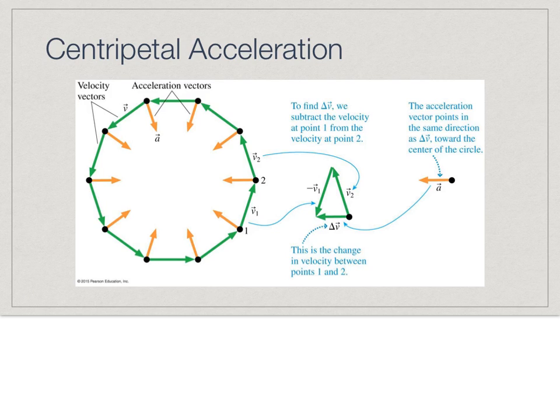Okay, so here's a picture from the book. In this case, it's going counterclockwise. Say I have a spot here, and then I move to here, which means my velocity is in this direction. After that, say another second later, or some amount of time, the object is here, which means my velocity vector is in that direction.